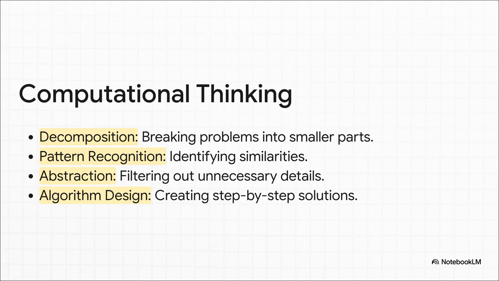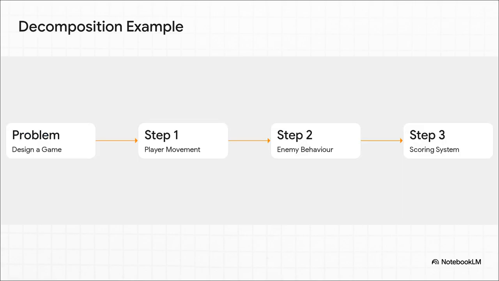Let's just grab that first one, decomposition, to see how this works in the real world. So, decomposition. Sounds fancy, but it just means breaking a big, scary problem into smaller, manageable chunks. Think about it. If your problem is make a pizza, you don't just do it all at once. You break it down. First, prepare the dough. Then add the sauce and cheese. After that, add toppings. Finally, bake it. By breaking it down, a huge project suddenly feels way less intimidating.